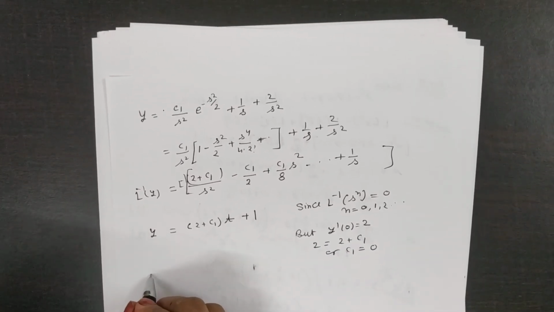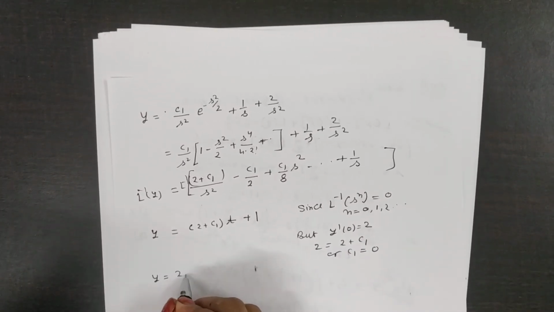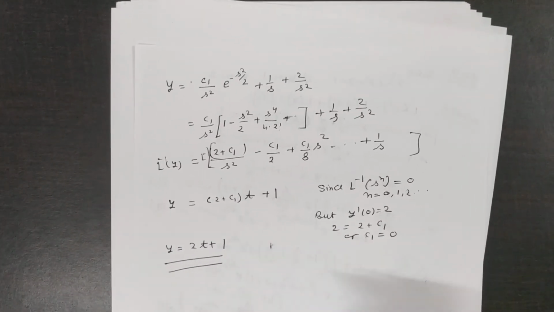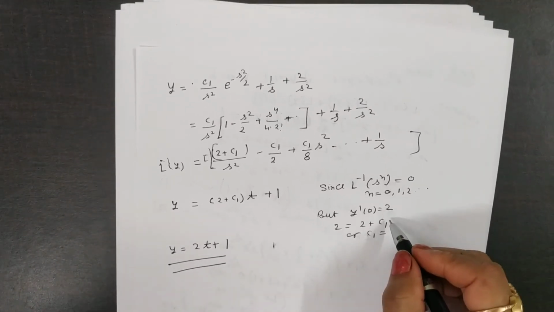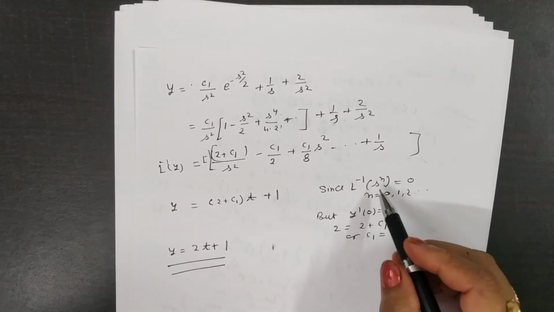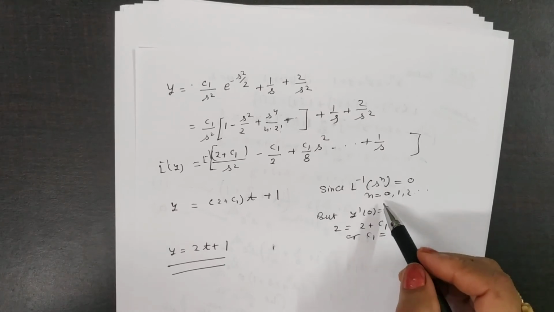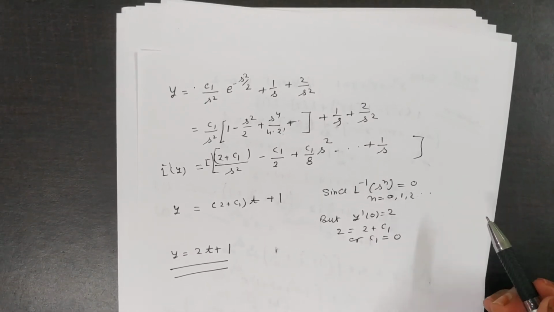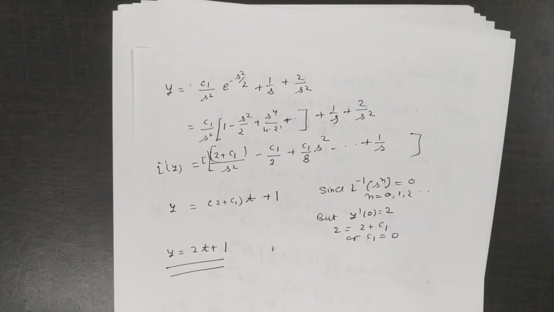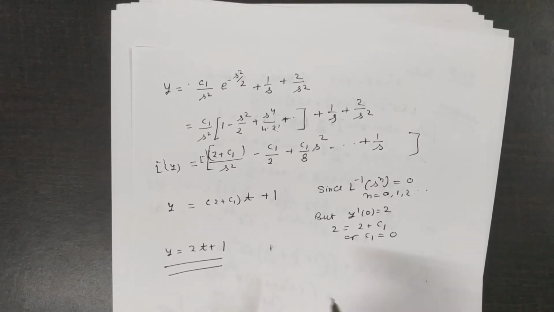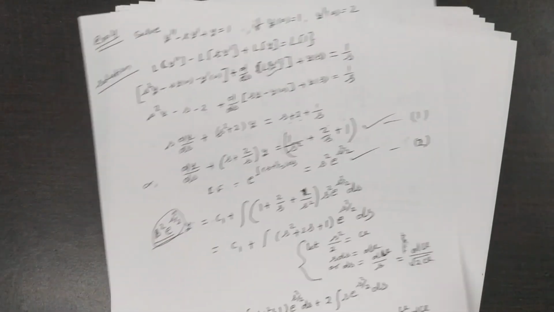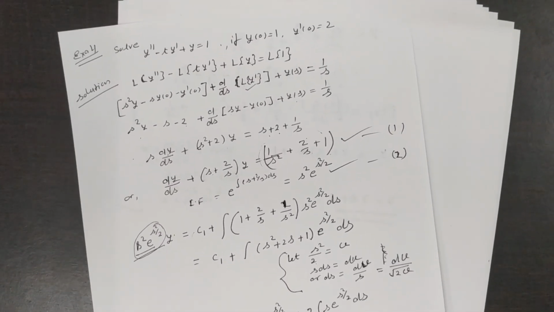So the solution is y is equal to 2t plus 1, which is the required result, because the differentiation of this is given, and s to the power n substituted here, 0, 1, 2, the Laplace inverse is always 0. This is given in your problem. So from this method you can solve differential equations. Okay, students. Thank you.